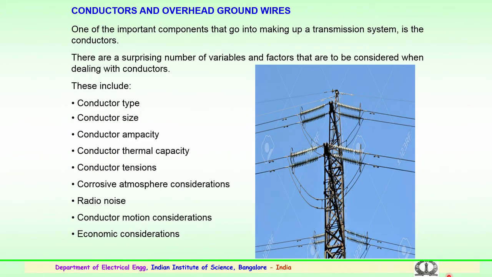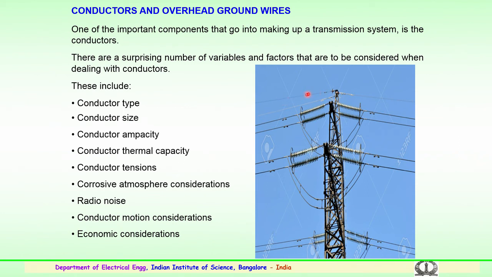So, conductors and overhead ground wires, you can see various conductors. Conductors hang from the insulator string, and various types of conductors are used for transmission. This is the overhead earth wire or ground wire, which is connected to the topmost point of the tower, from tower to tower.